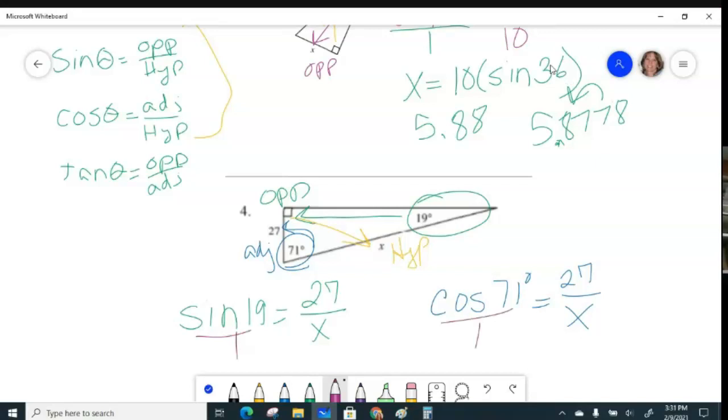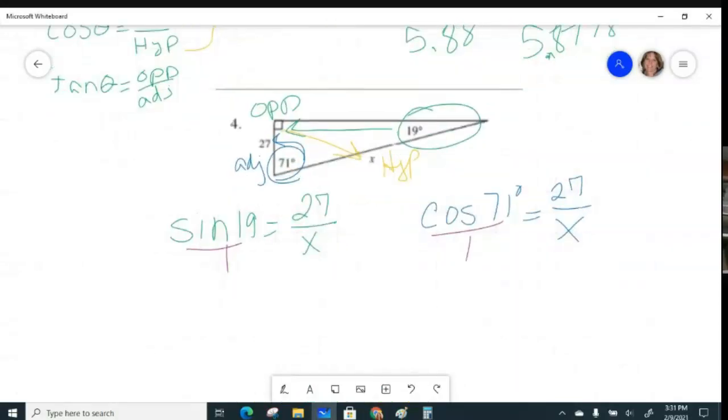One of the things that's a little bit of a trick, I should say, it's not really a trick: if your X turns out to be on the bottom, you're probably going to end up dividing to get your answer. And if it's on top, you're going to end up multiplying. In this case, both of them end up with X on the bottom, and I wanted to show that we are able to get the same answer. So let's go ahead and cross multiply.